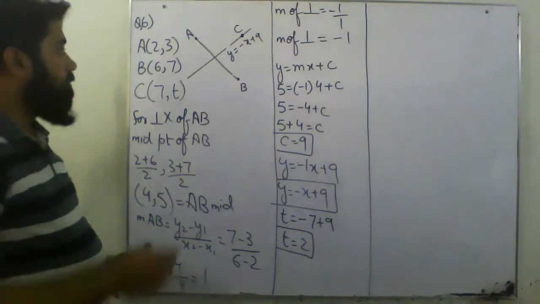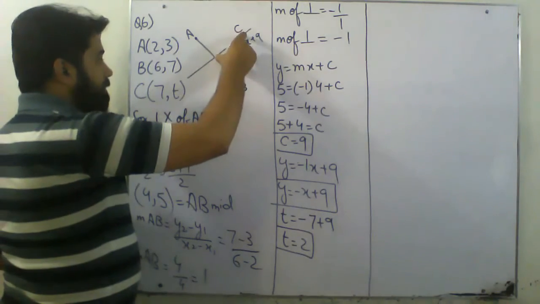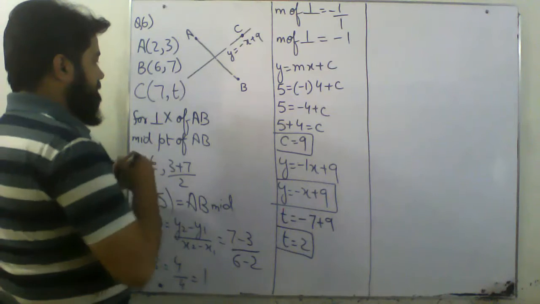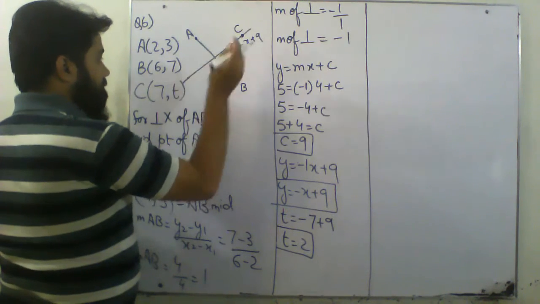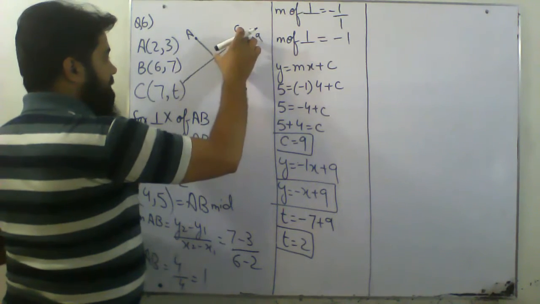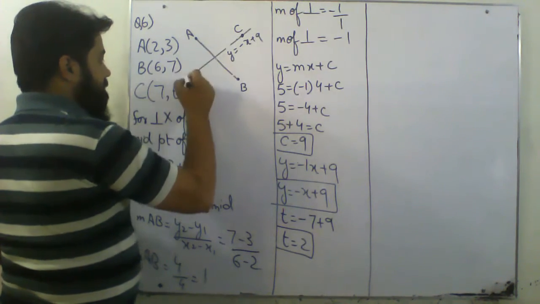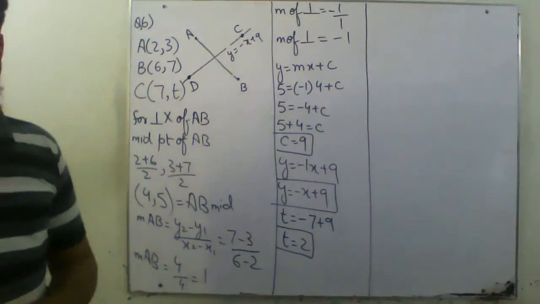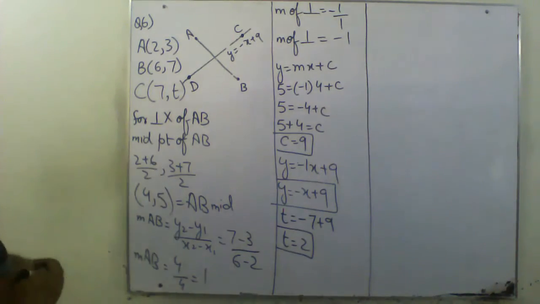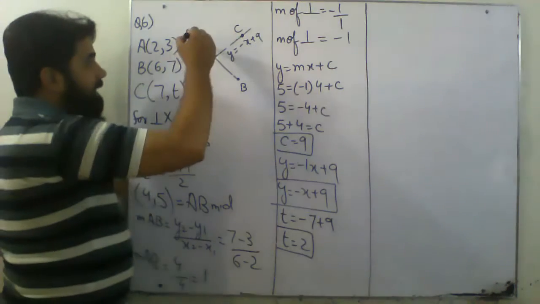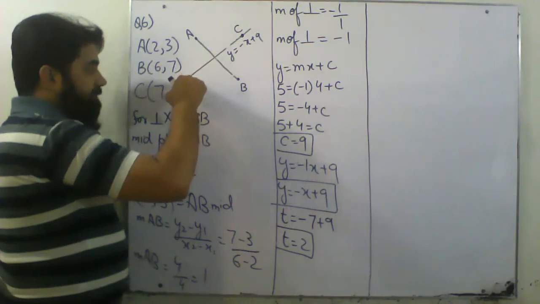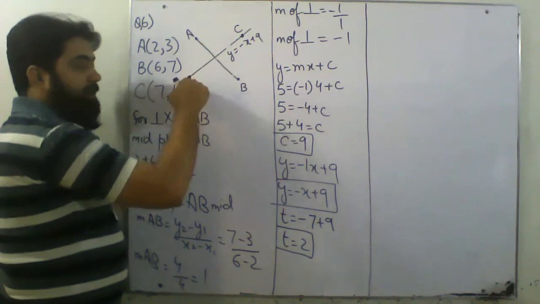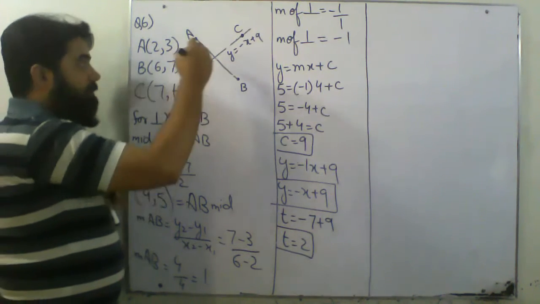So first thing first, see beta, this is going to be D. Why am I so sure it has to be over here? Because they are saying that after plotting D, AB should be the perpendicular bisector of CD.